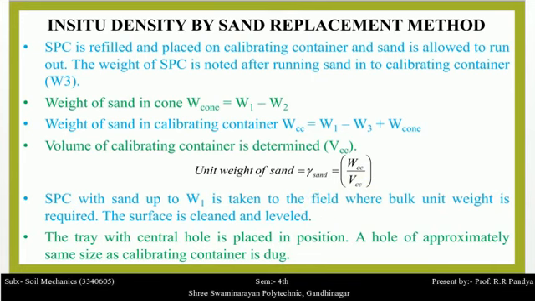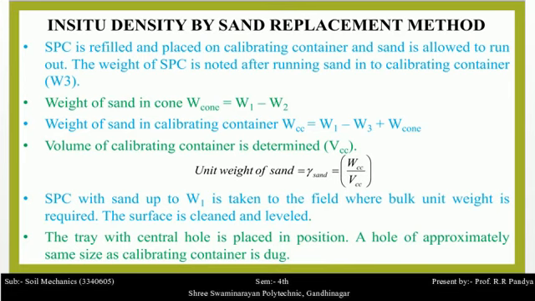The sand pouring cylinder filled up to W1 is taken to the field where bulk unit weight is required. The surface is cleaned and leveled. The tray with central hole is placed into position.